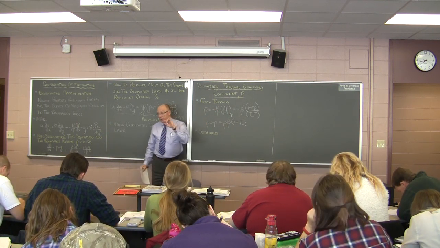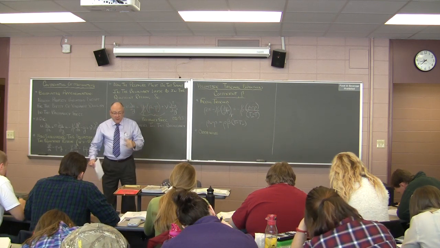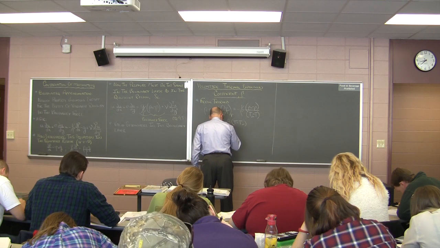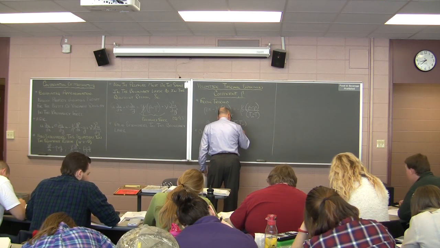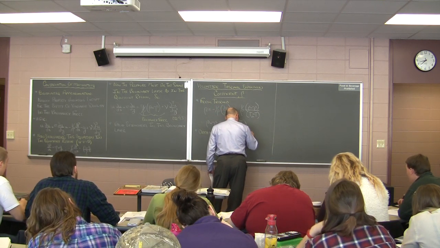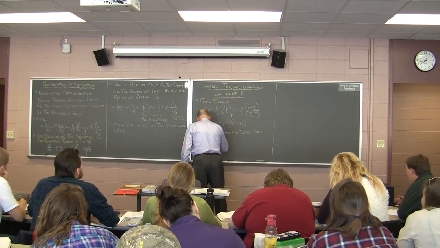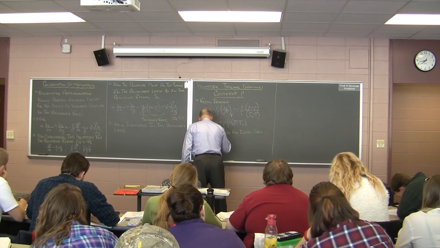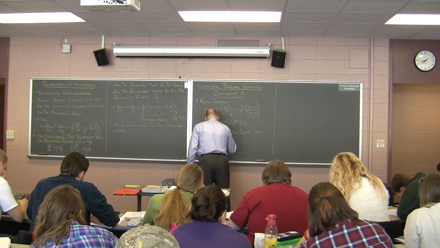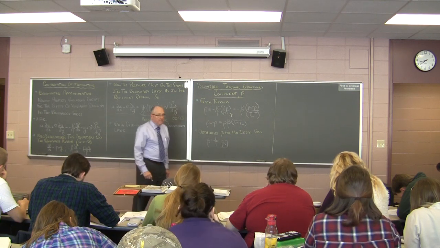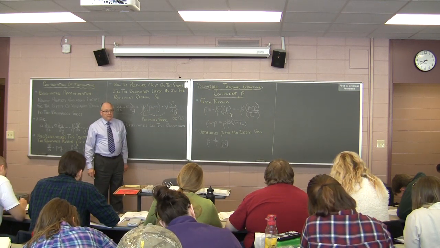For an ideal gas, we typically just use beta equal to 1 over the temperature, and we make sure that the temperature is expressed in Kelvin.